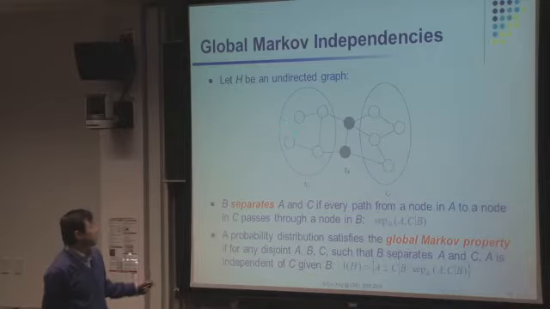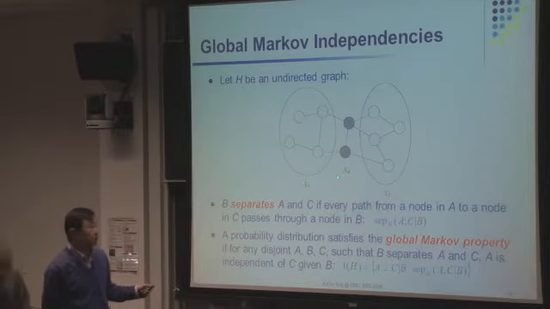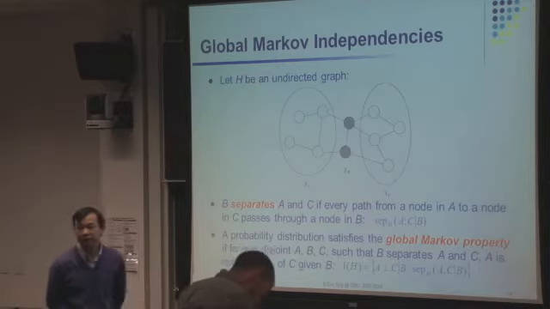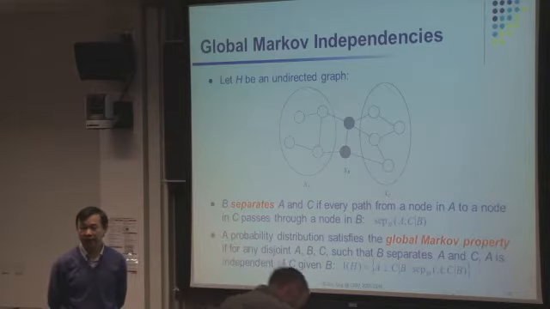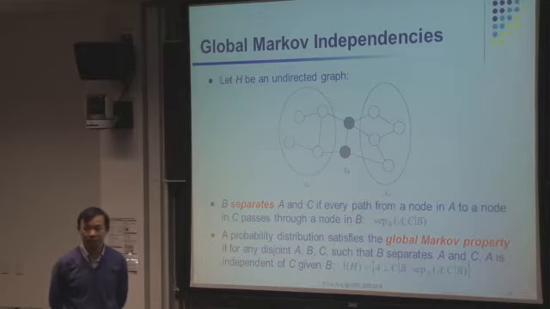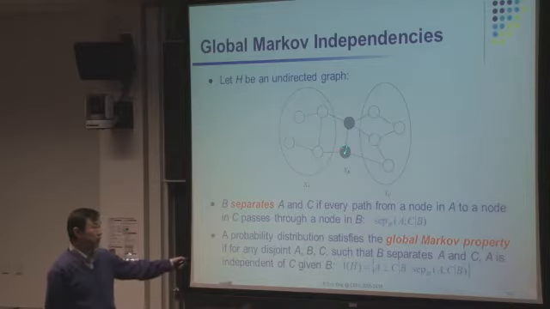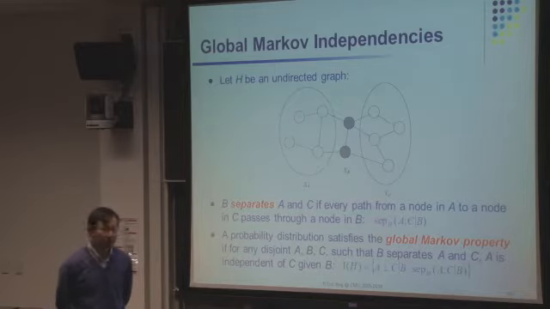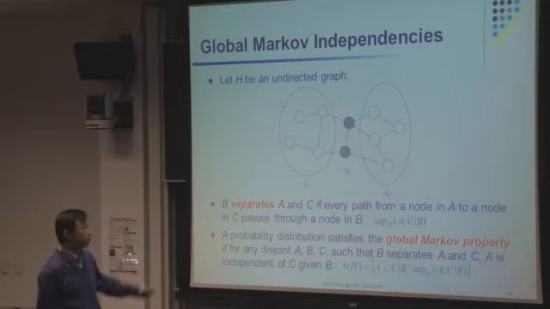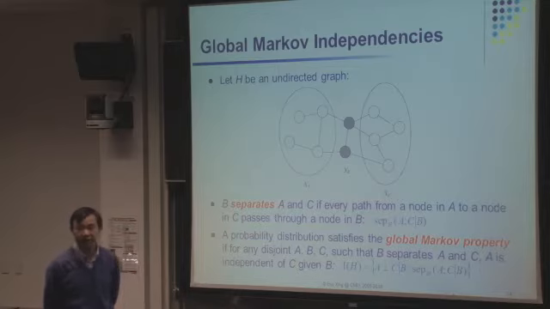Basically, given three sets, set A is independent of set C given B if set B graphically separates A and C. Okay, very, very direct definition. There is no D-separation, no moralized graph, no ancestral graph, just the original graph. And if you see a graph separation, that defines a conditional independence. Therefore, for every graph, you can now easily extract this set of conditional independencies.